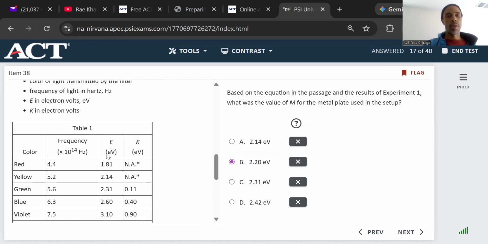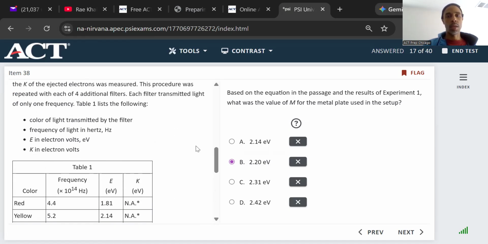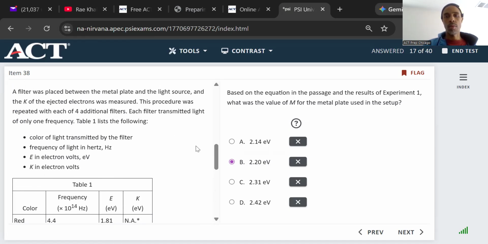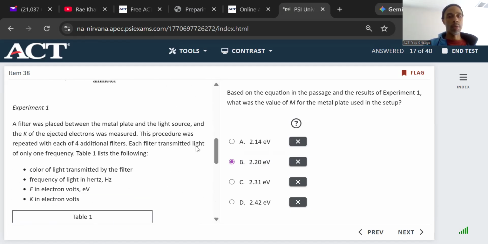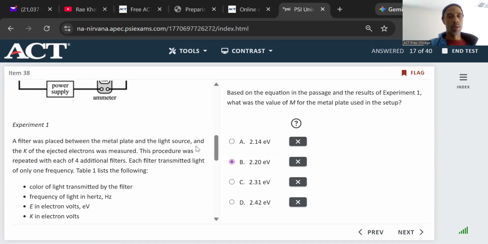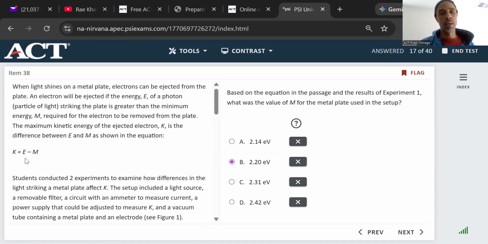When I looked at experiment one for a K of 0.9, that means electric energy 0.9. And I know that what they say was the value of M. And then M was given by the equation here, K equals E minus M.